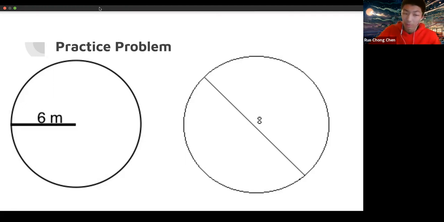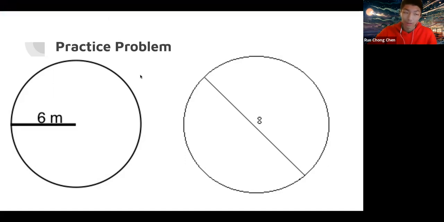So according to the formula, the area of the circle equals pi times the radius squared. So the area here is pi times 6 squared, which is 36. So the area of this circle is 36 pi.